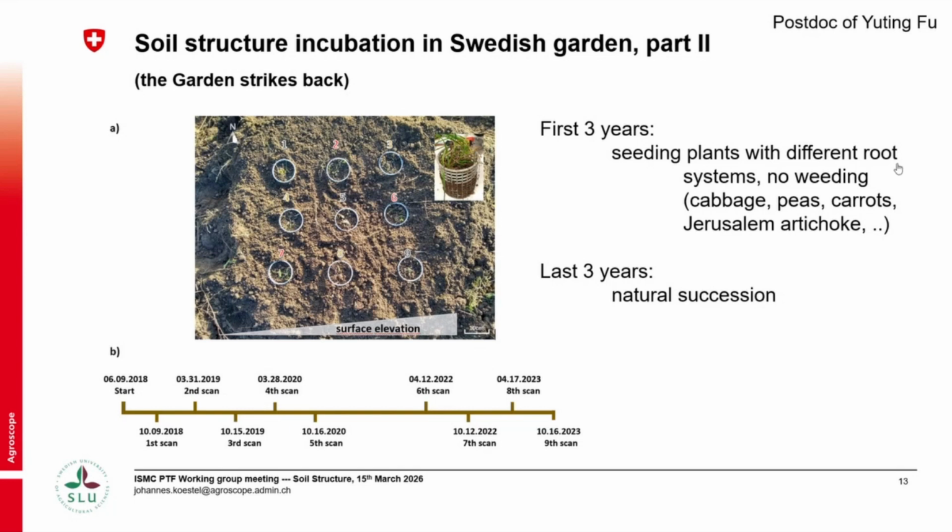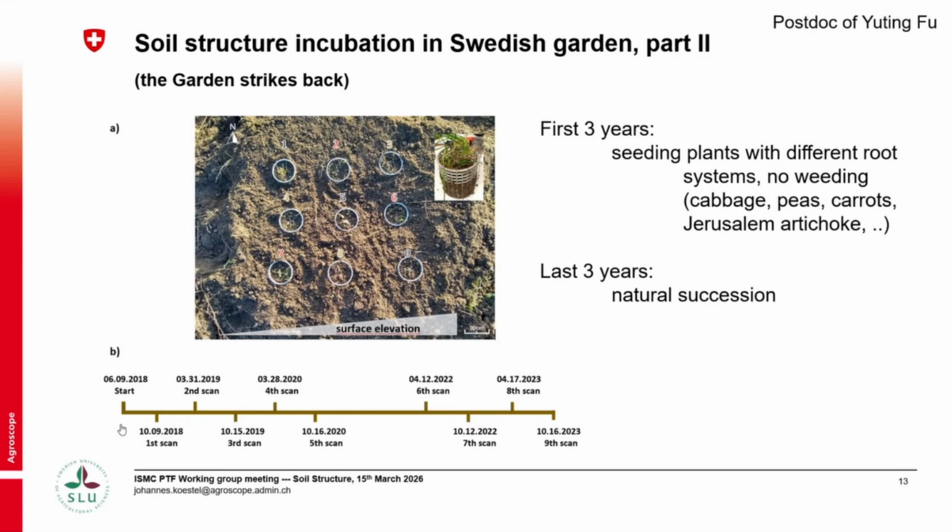Initially, I tried to seed these plots with plants with quite drastically different root characteristics, even carrots or Jerusalem artichoke. I started the experiment in summer 2018, and the soil columns were repacked with loose aggregates after hand plowing and seed preparation.